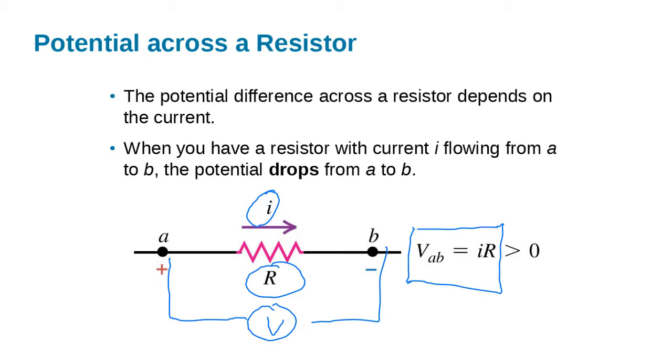So if we imagine that this current is actually flowing through a pipe with water in it, then this resistor we can think of as some kind of restriction in the flow.